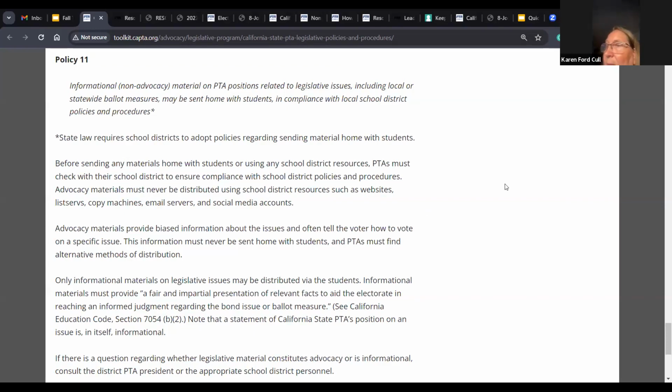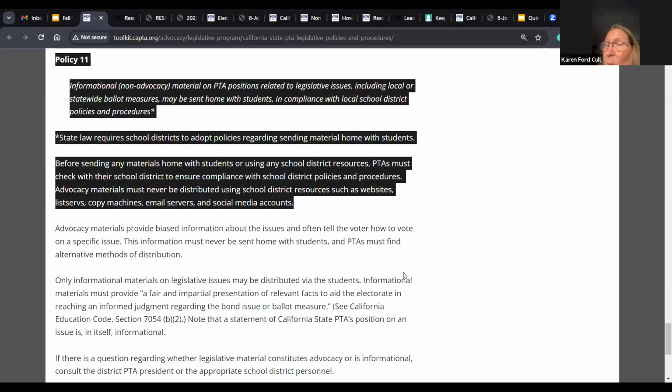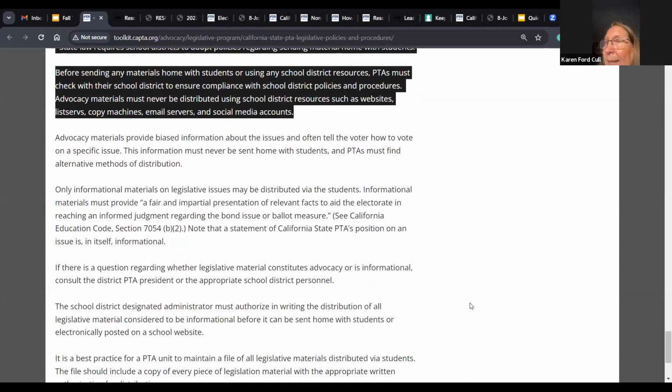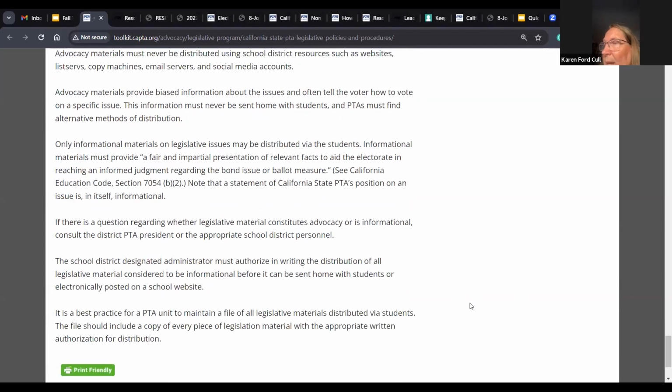So if we're advocating on a ballot issue, we can't put that in the principal's email, right? We could put it in our own PTA email that gets sent to our members. We can't give things out at school, and we shouldn't really be handing out legislative materials when we are on school property, even if our PTA meeting is on school property.